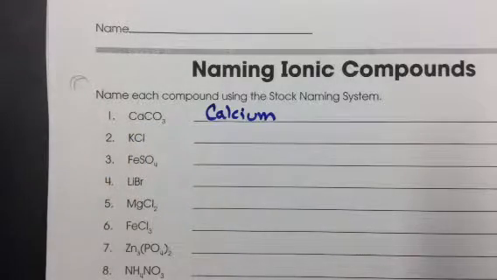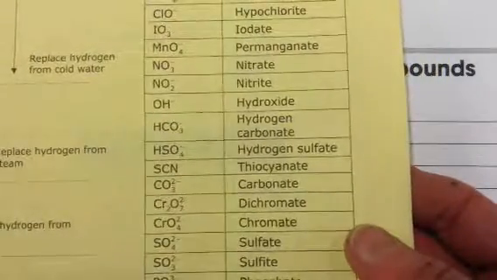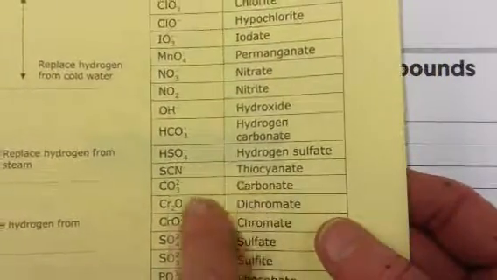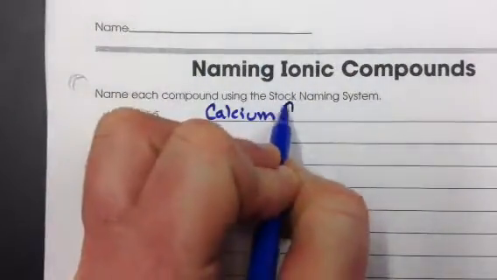So since we have a metal and that polyatomic ion, we're going to look up CO3, which is right here on the list, and it's carbonate. So this would be calcium carbonate.